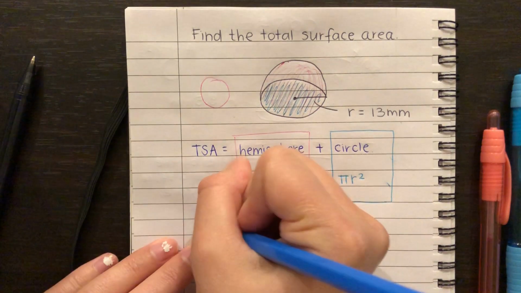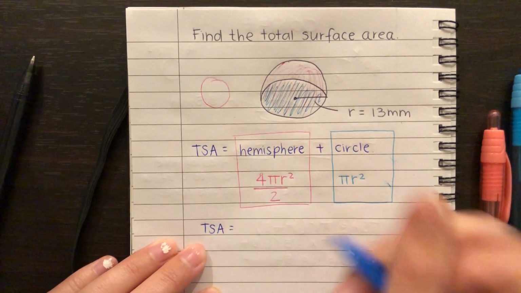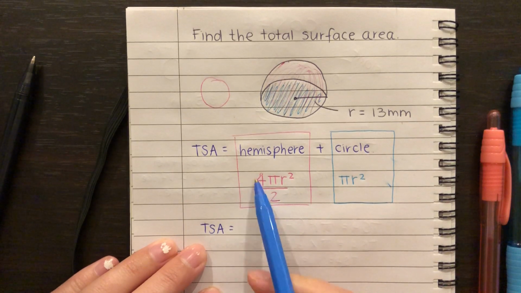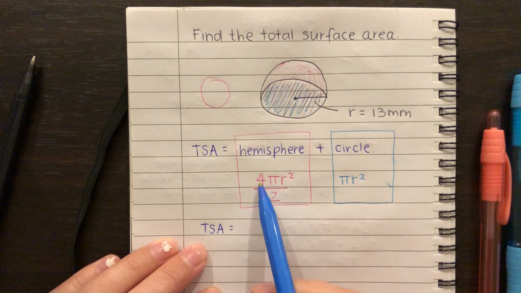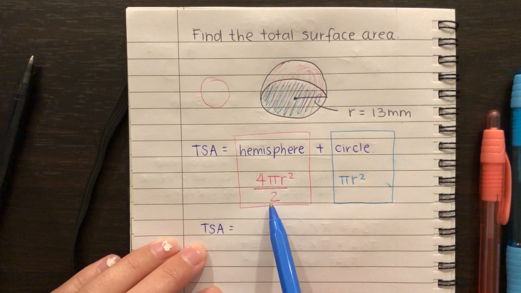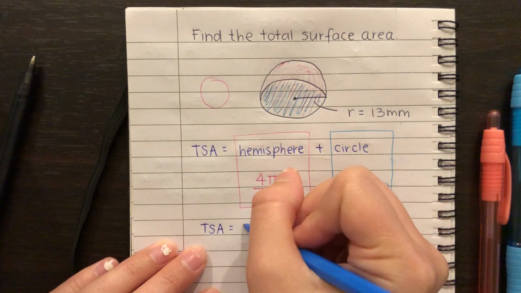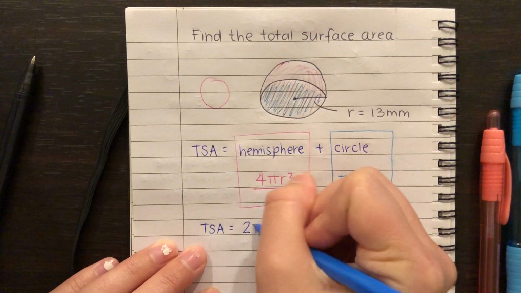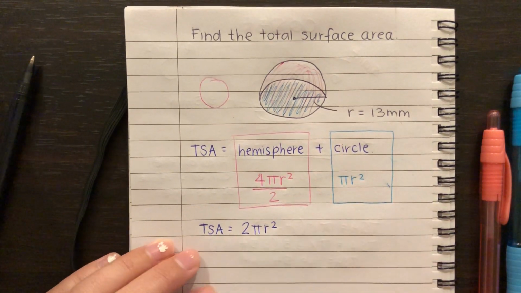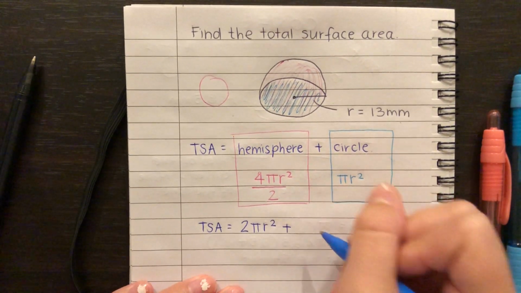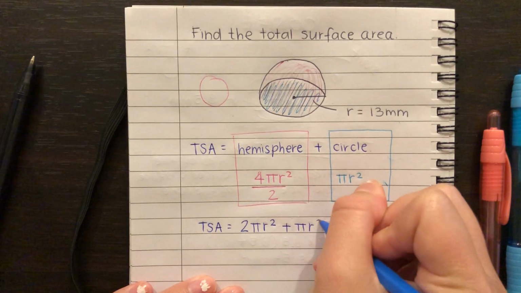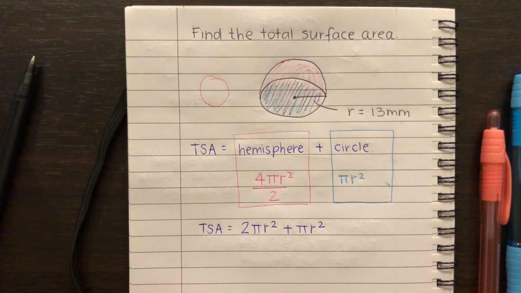Now, I'm going to rewrite this and simplify this 4 divided by 2. You should know that 4 divided by 2 is obviously 2. So I can actually simplify this into 2 pi r squared plus pi r squared.